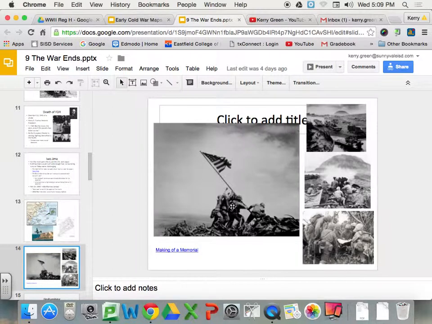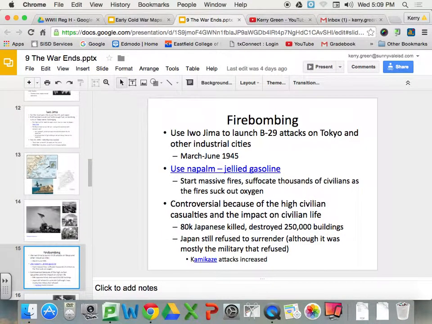So the iconic picture is actually the second picture that was taken, not the first one. There's a whole backstory to that that's not necessarily important for you guys in U.S. history. But I have a clip down here making of a memorial and several pictures from Iwo Jima. Again, it's very challenging fighting. If you ever hear of anybody who had fought in Iwo Jima, if you have any older relatives or whatever, just understand how horrible the fighting was.